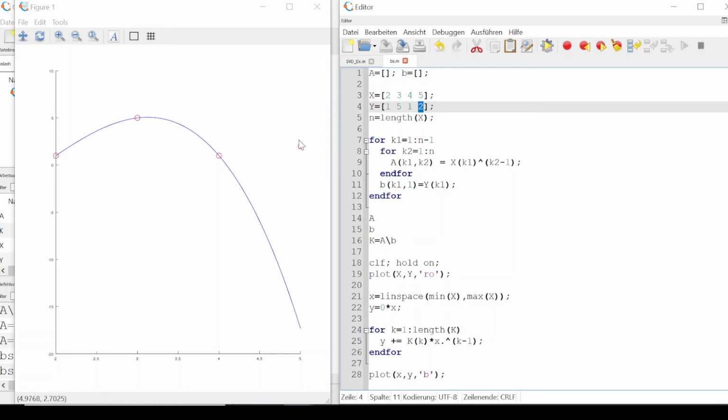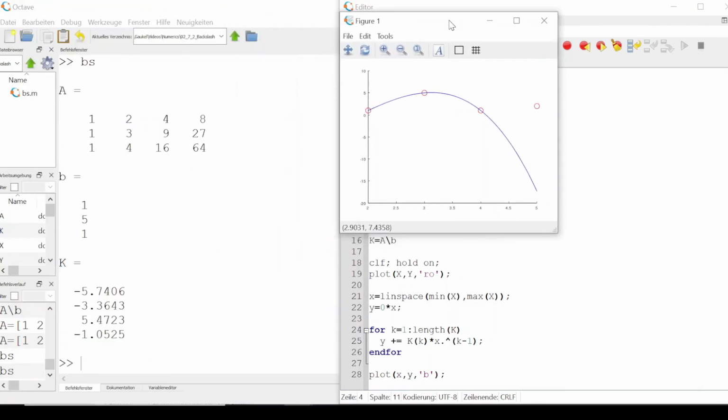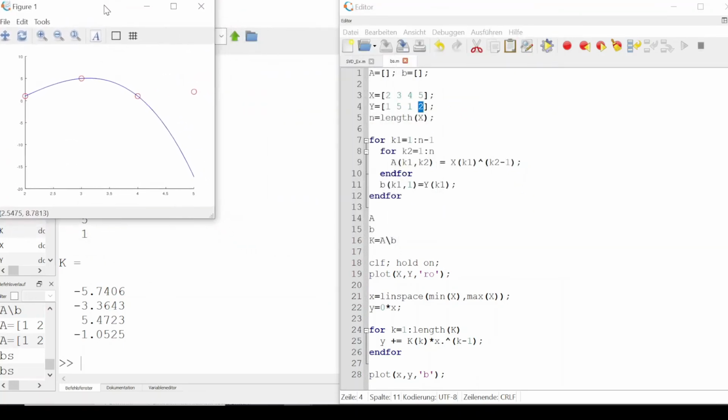We are interpolating with a cubic polynomial these 3 points. And there are a lot of polynomials of degree 3 interpolating these points, and one of these we get by using our backslash command.